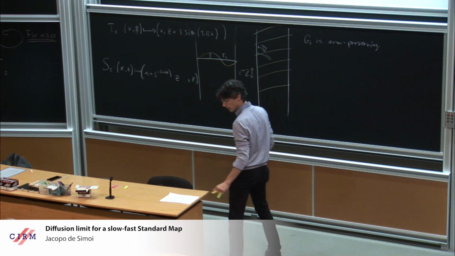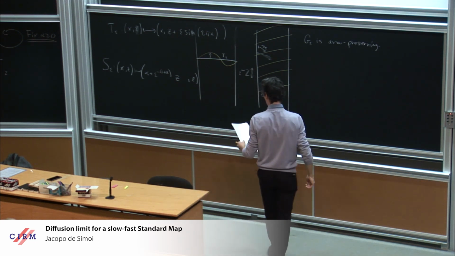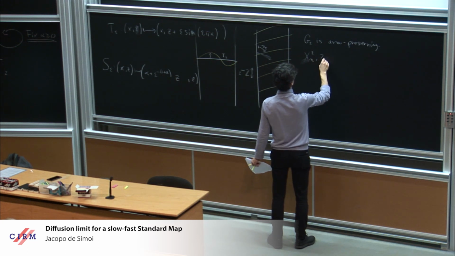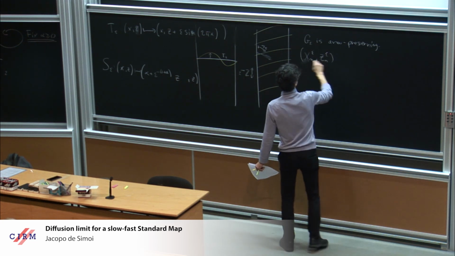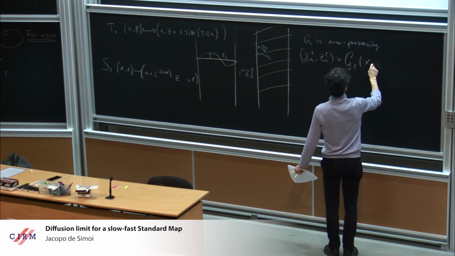We want to understand the long-term behavior of random variables, which I will consider. So let me call X n epsilon and Z n epsilon the iterate of this map from x and z.